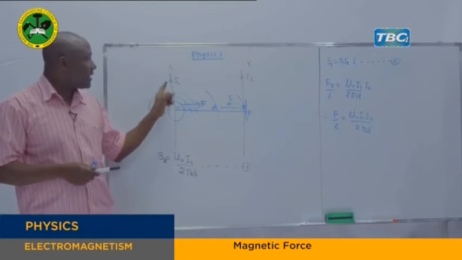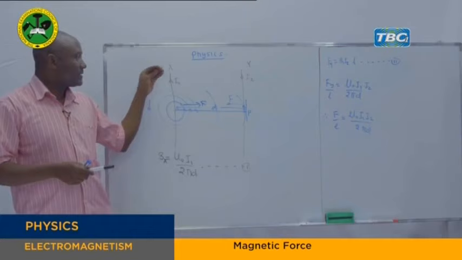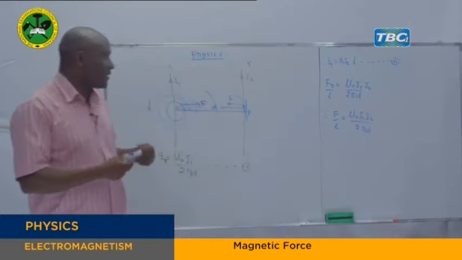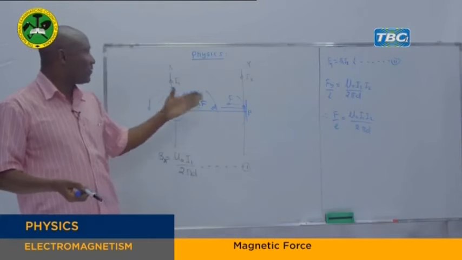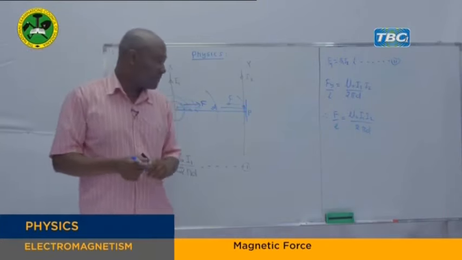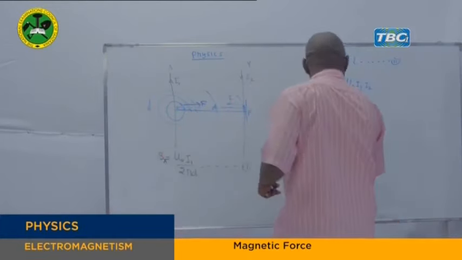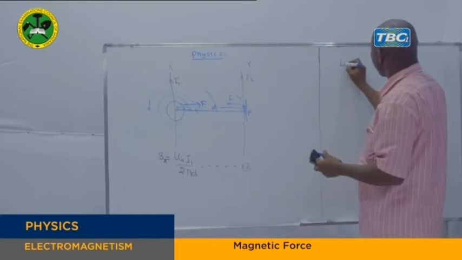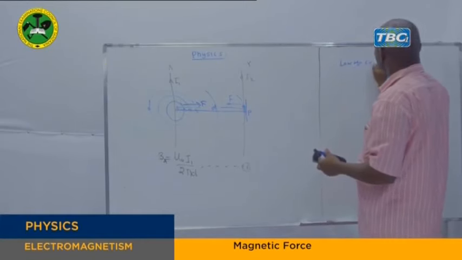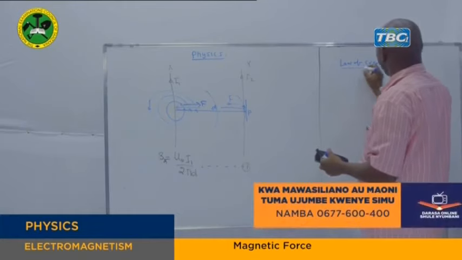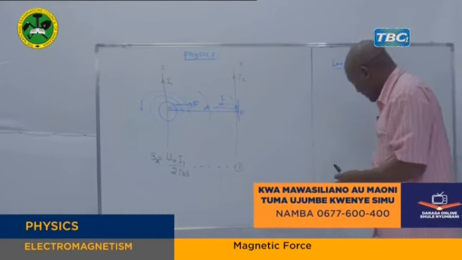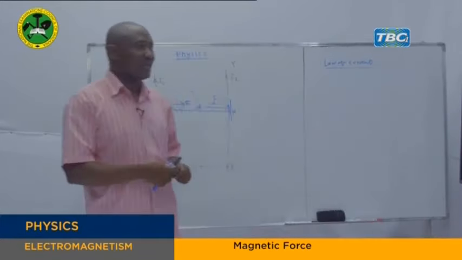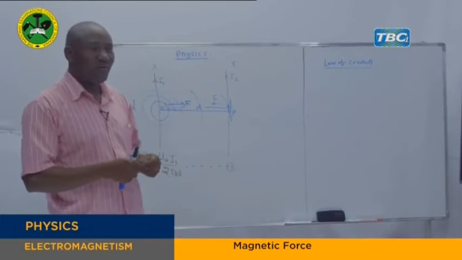So current-carrying conductors with current in the same direction produce a force of attraction. You can prove that when you have two wires carrying current in opposite directions, there must be a force of repulsion. So our conclusion here is that we have the law of current. If you remember the law of magnetism, as we did in O level, it says that like poles repel each other and unlike poles attract. This is the law of magnetism.